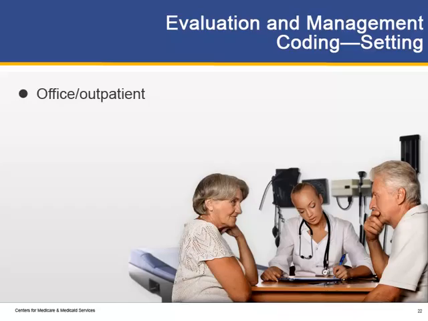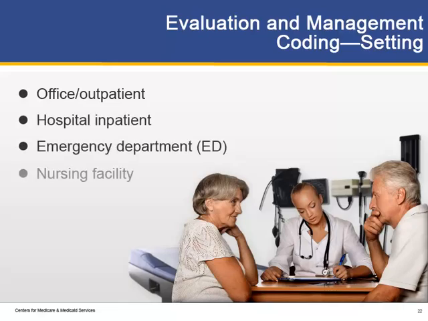The second consideration for EM coding a physician generally must address and document is the setting where the patient was seen and received services. The settings a physician can choose from are office outpatient, hospital inpatient, ED, and nursing facility. The setting is simply where the physician saw and treated the patient.